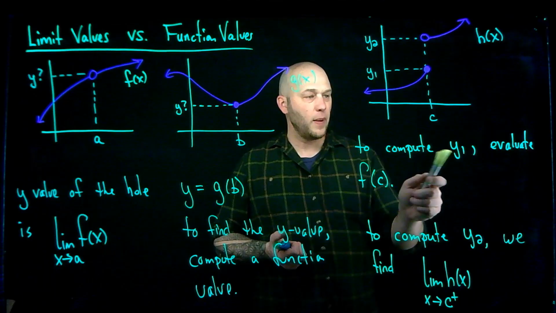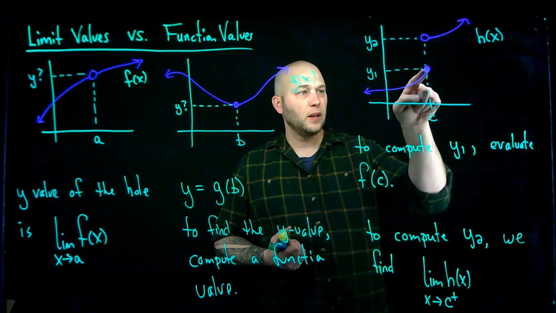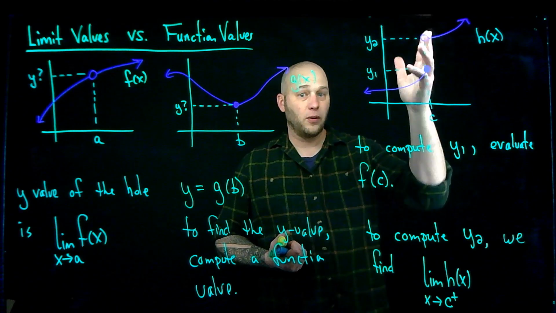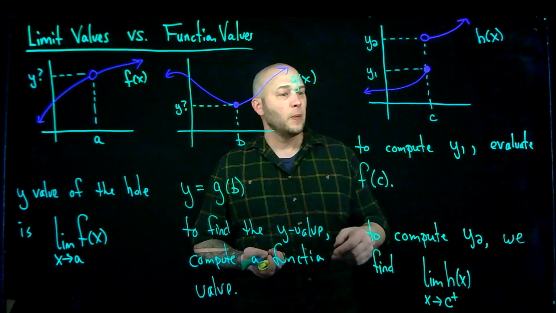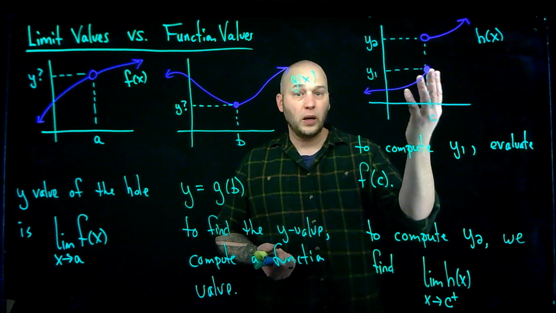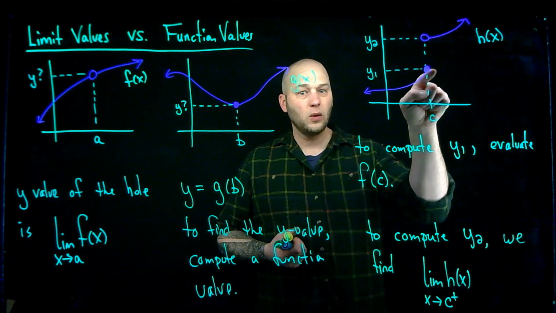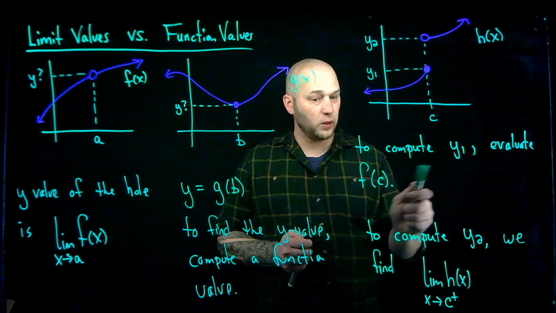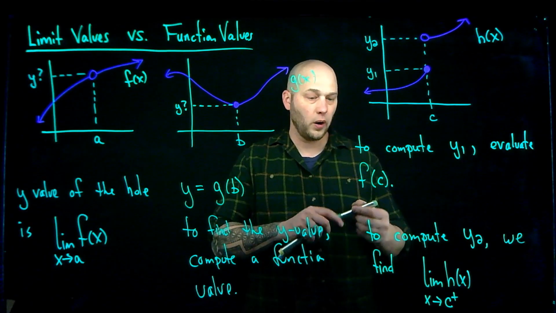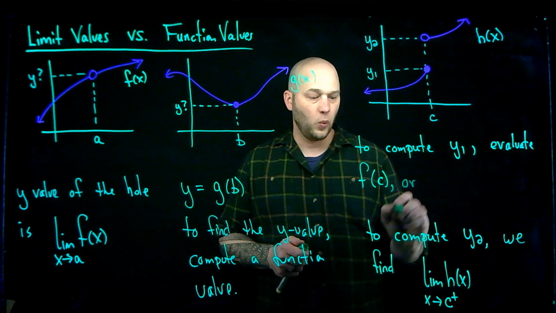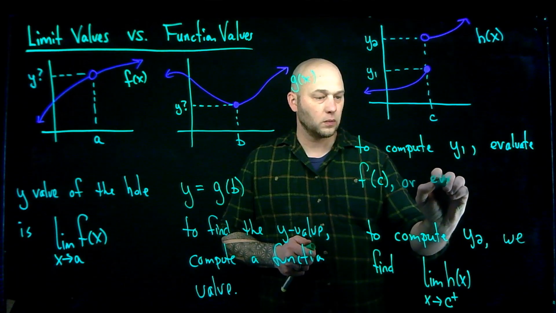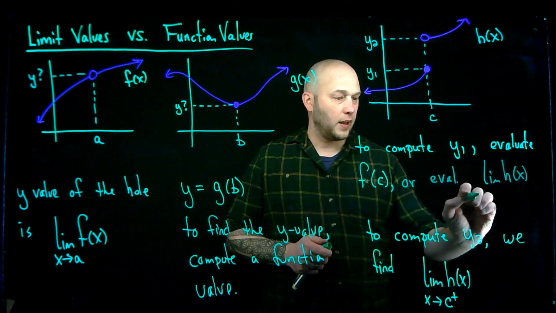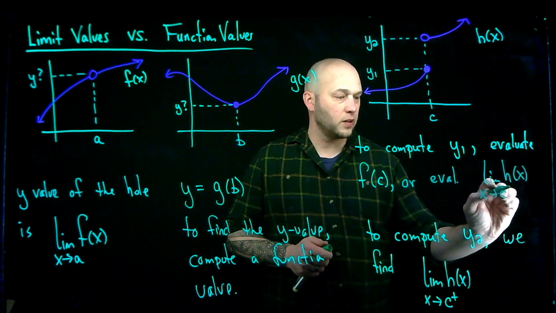Now, similarly, if I go back up to y1, you could pretend, what if I didn't have that function value there? What if that was an open circle and the function value either didn't exist or was somewhere else? Well, in that case, or even in this present case, to compute the y value of that point, we could compute the function value because it is included, or we could evaluate the limit of h of x as x approaches c, but this time from the left.